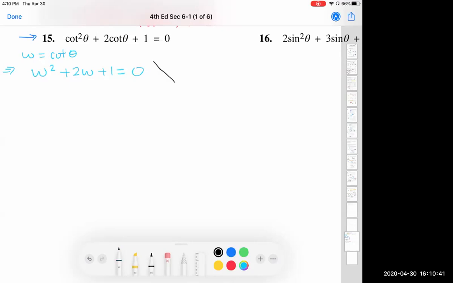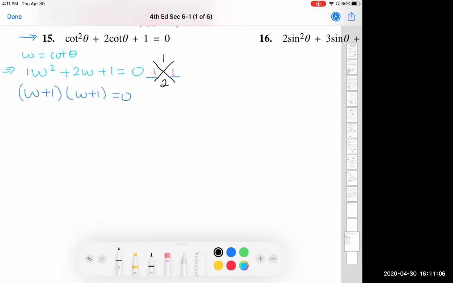So what numbers multiply to give me 1, and add to give you 2? 1 and 1. Because my leading coefficient's a 1, I already have my answer. So w plus 1 times w plus 1 is equal to 0.